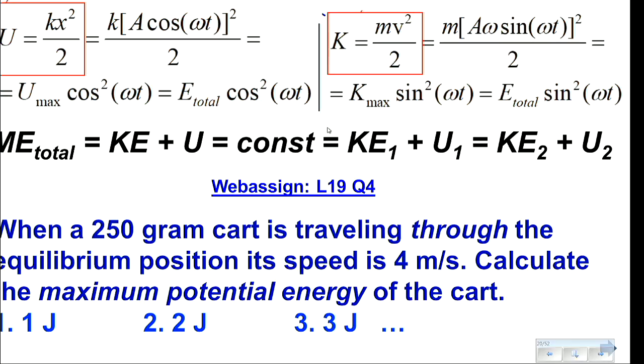You have, let's say, an ultrasonic motion sensor. And you know what ultrasonic motion sensor does. It measures position as a function of time, velocity, acceleration. So you can read on the screen that at the equilibrium position, when it travels through, the speed of the cart is 4 meters per second. That's what you know.